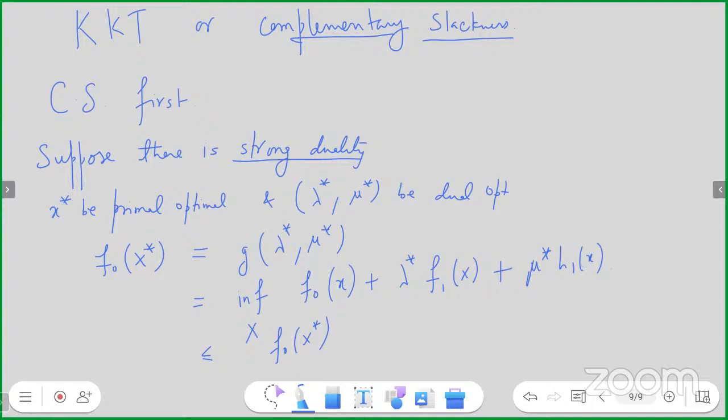See, there's something I missed intentionally. People are catching one inequality I missed in between. What did I not write, which I should have written? The infimum is less than or equal to L of x star, lambda star.